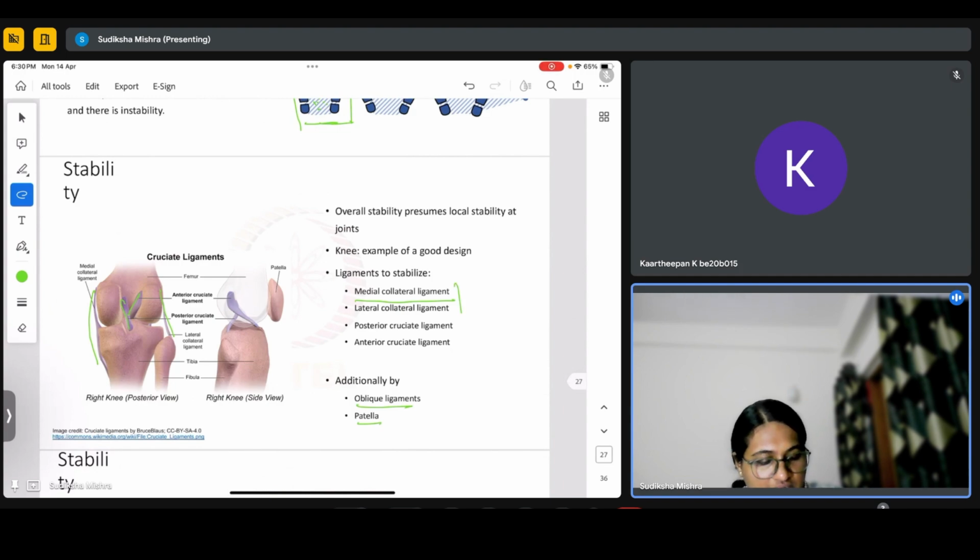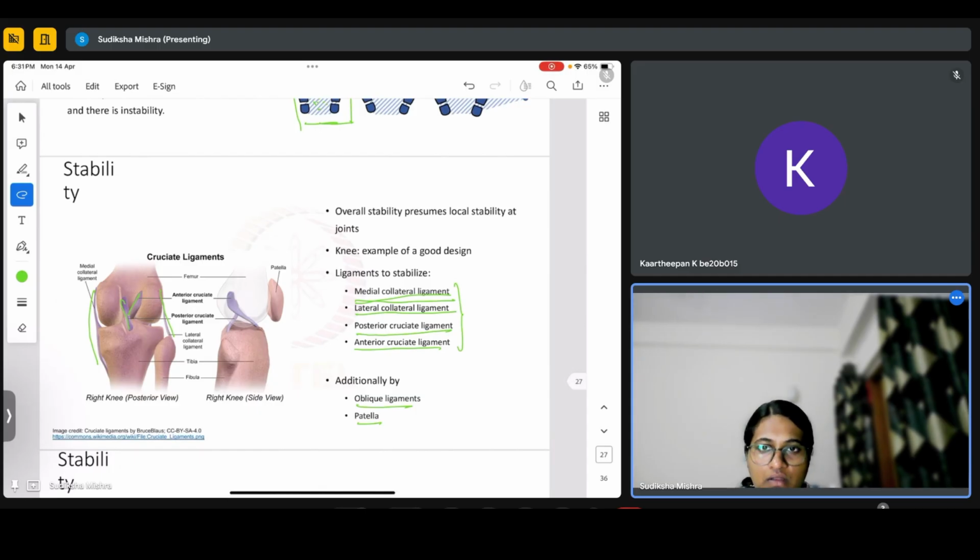But these are the four major ligaments that stabilize the knee: medial collateral ligament, lateral collateral ligament, posterior cruciate ligament, and the anterior cruciate ligament. So, if there is overall stability, that implies that every joint is stable.